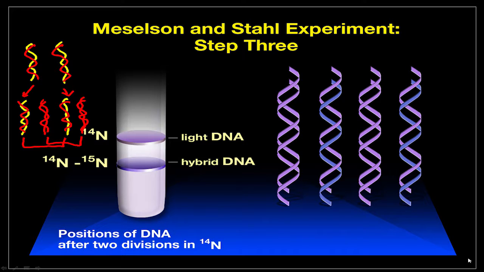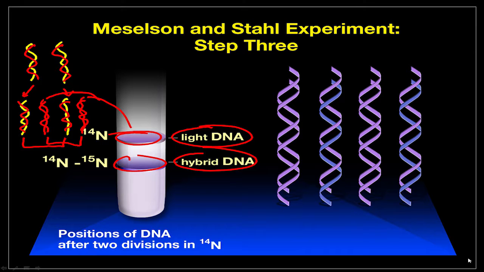So I said that we weren't going to write it, but it was already written here. If semi-conservative replication is true, you're going to see some light DNA, which represents these molecules we drew in red, and some hybrid DNA, which represents these molecules here and here that are half and half, right?